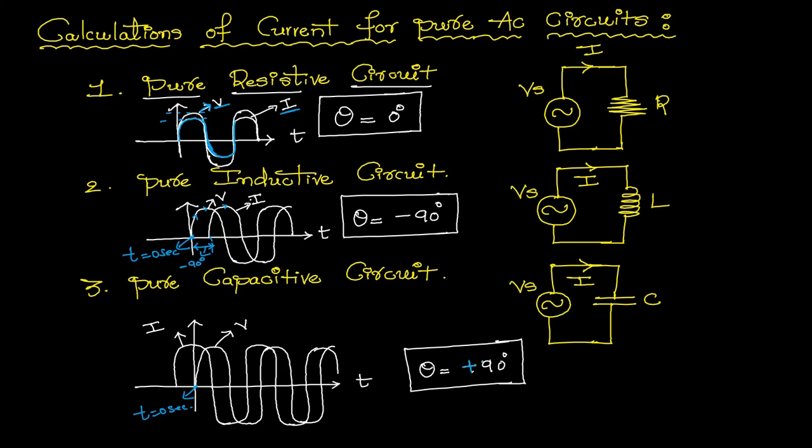Now we are going to discuss the current calculation for a purely resistive circuit. First point is the pure resistive circuit. I am going to consider a pure resistive circuit here.